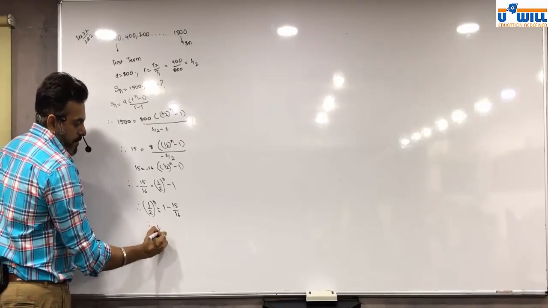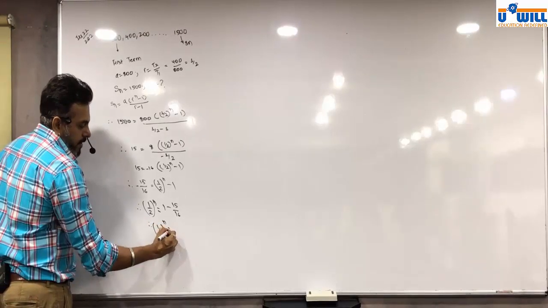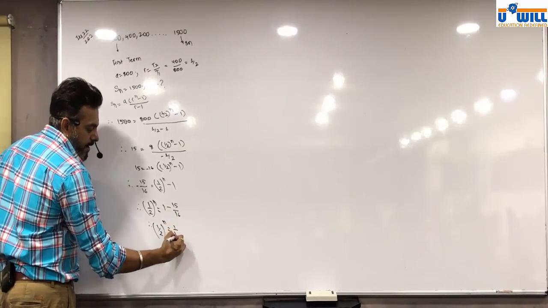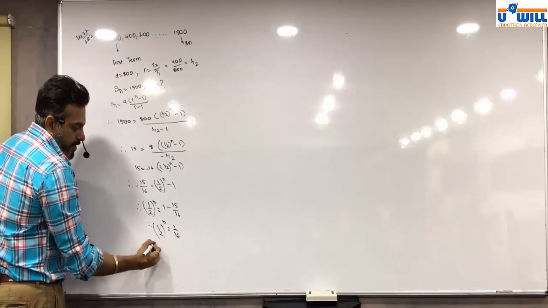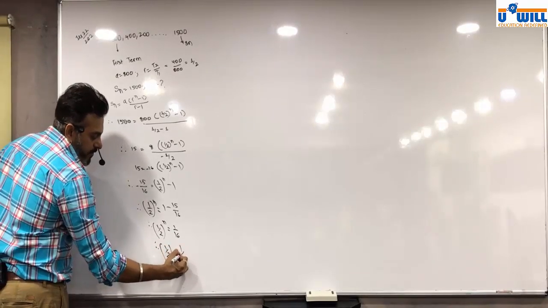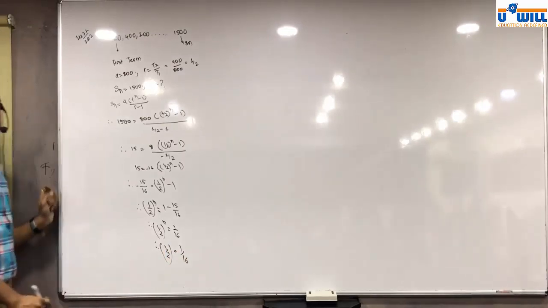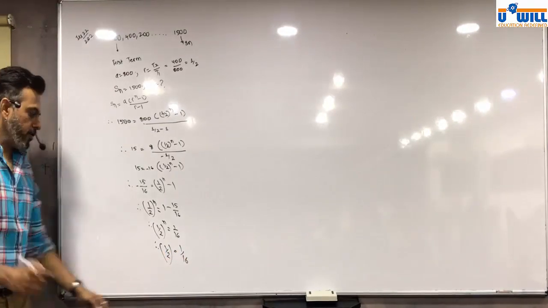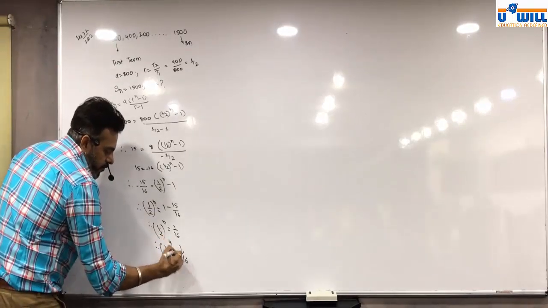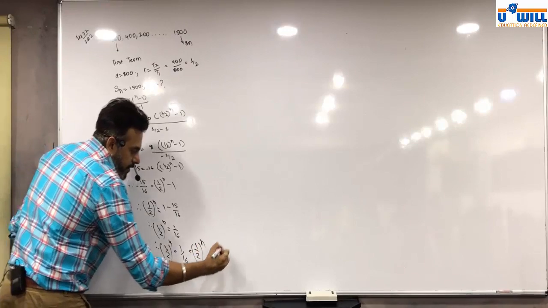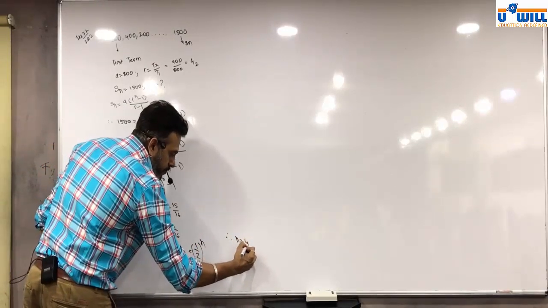So 1 by 2 raised to n is equal to 16 minus 15 is 1 by 16. Therefore, 1 by 2 whole raised to how much is 1 by 16? 1 by 2 raised to how much is 16? 4. So 1 by 2 raised to 4 is equal to 1 by 16 is equal to 1 by 2 raised to n. Therefore, n is equal to 4.